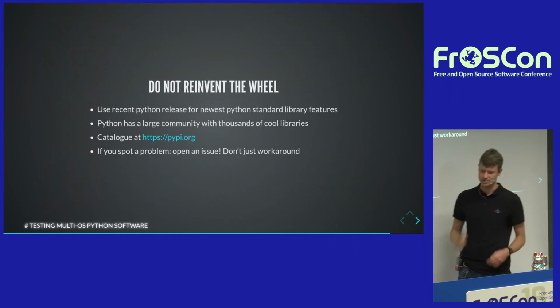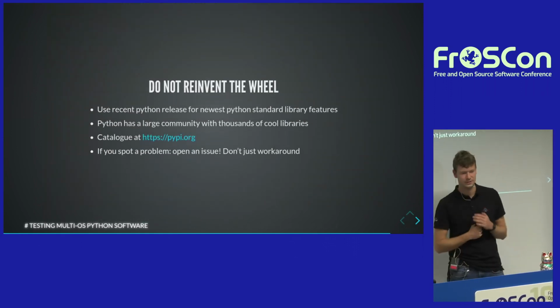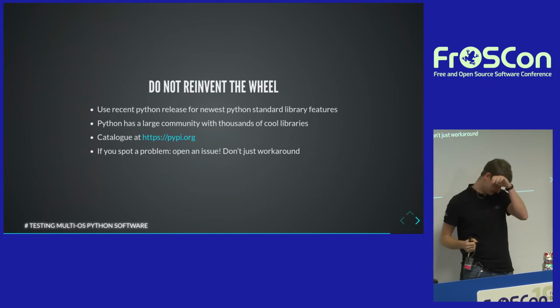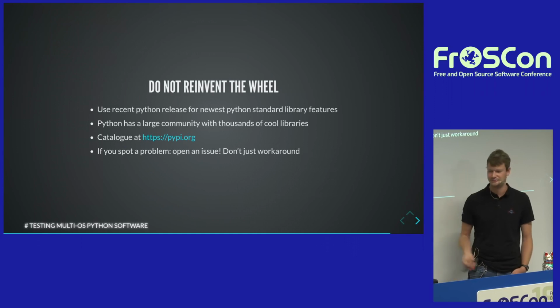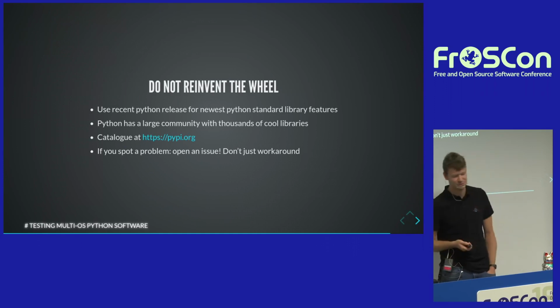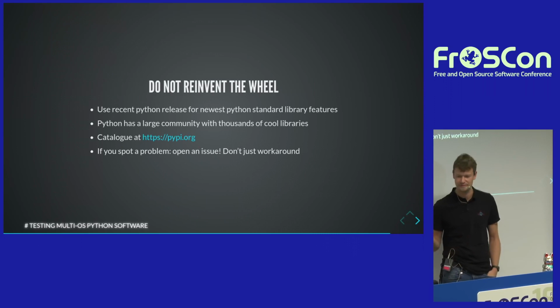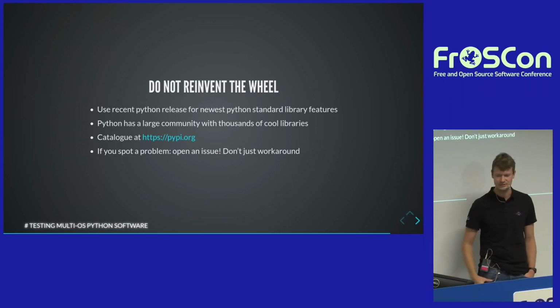And the last thing, do not reinvent the wheel. Python has a very large community and very, very many great libraries. There are thousands of cool repositories with libraries and functions you can use.